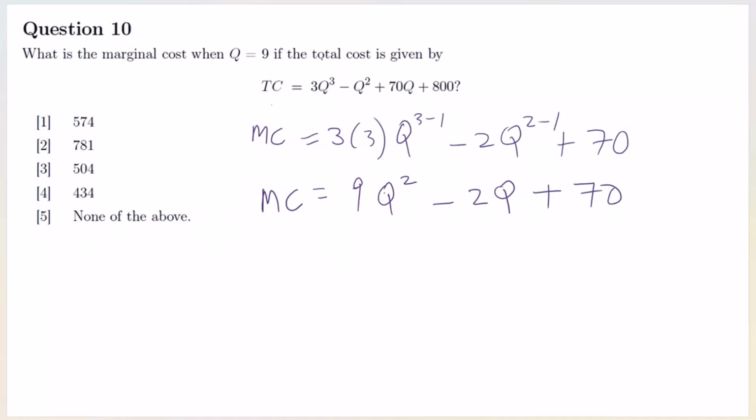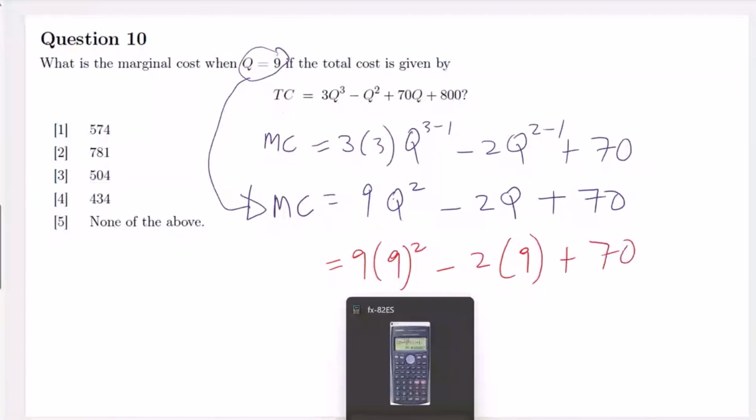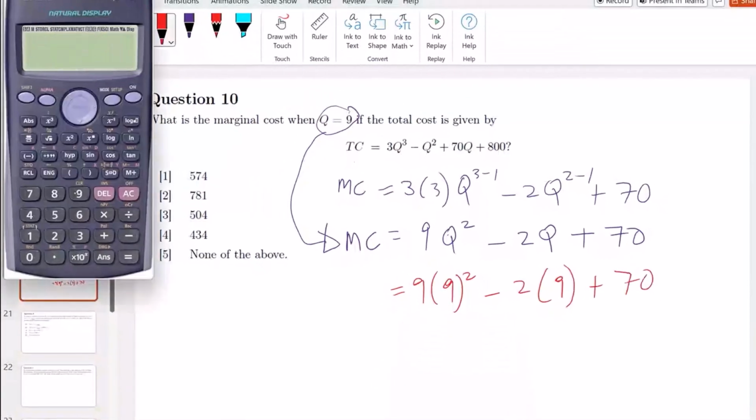You are looking for the marginal cost when Q is equal to 9, so you just substitute. This is going to be 9 times 9 squared minus 2 times 9 plus 70. I can come to my calculator: 9 multiplied by 81, minus 18, plus 70.